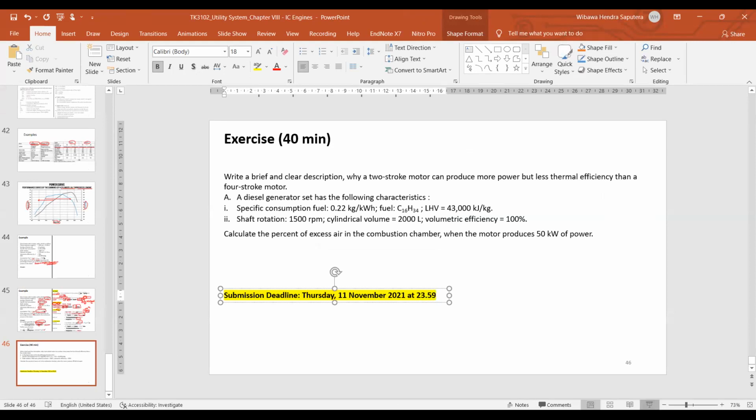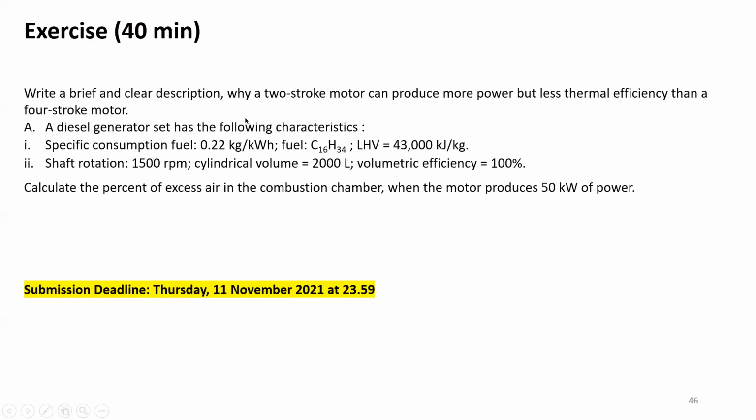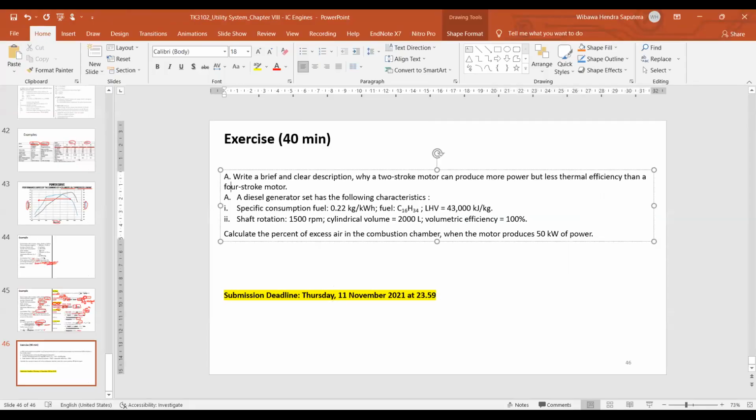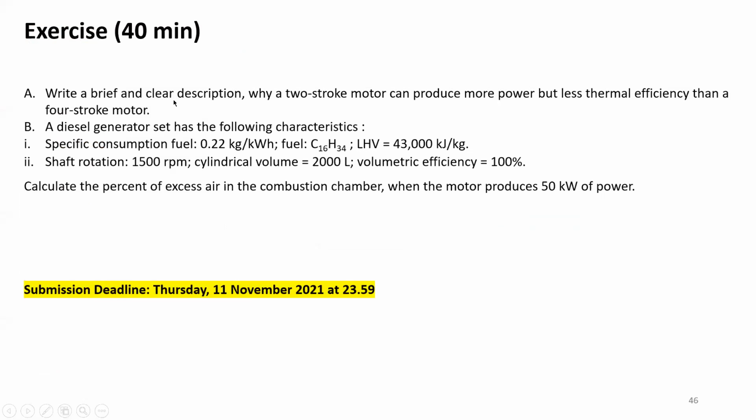So the questions are this one. That's why I didn't answer the first question; this should be the first question, so the A and this is the B. The first question is: write a brief and clear description of why a two-stroke motor can produce more power, but less thermal efficiency, than a four-stroke motor.